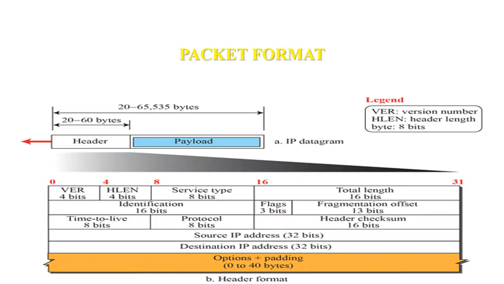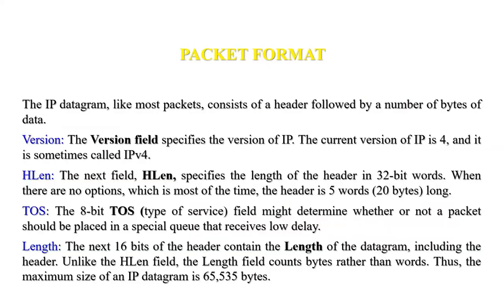Here, the header is going to be of 32 bits, which is followed by payload. The header can be of 20 to 60 bytes, and the datagram up to 65,535 bytes, which is followed by the data payload. Now let us see these fields in detail.